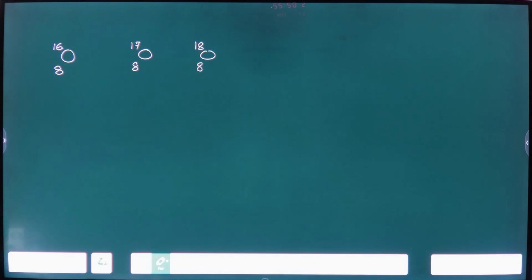Therefore, all the isotopes of an element show identical chemical properties.